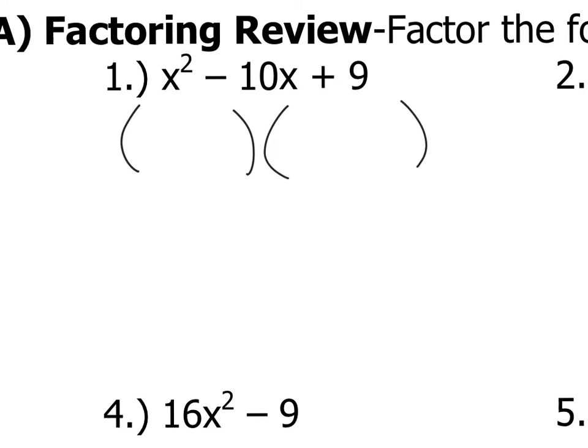So what you're really looking at is what multiplies to be 9 and adds to be -10. That is -9 and -1. So it's x minus 9 and x minus 1. And that's the basic factoring.